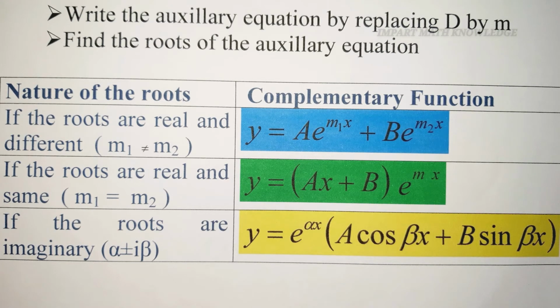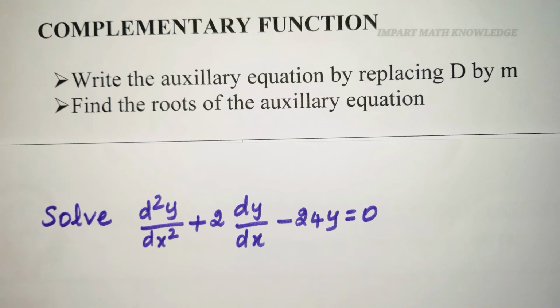If the roots are imaginary, that is of the form alpha plus or minus i beta, in this case, complementary function is y is equal to e power alpha x, a cos beta x plus b sin beta x. I will explain the complementary function through examples.